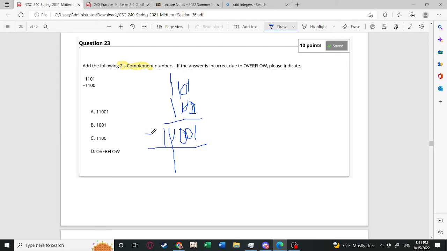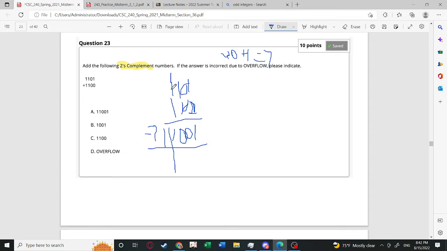This one's a negative number as well. So 1, 0, 1, 0 plus 1. So 1, 1, so that is 7. This number is negative 7.